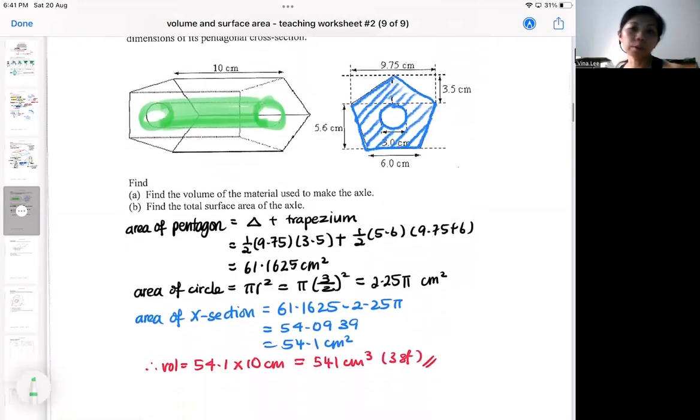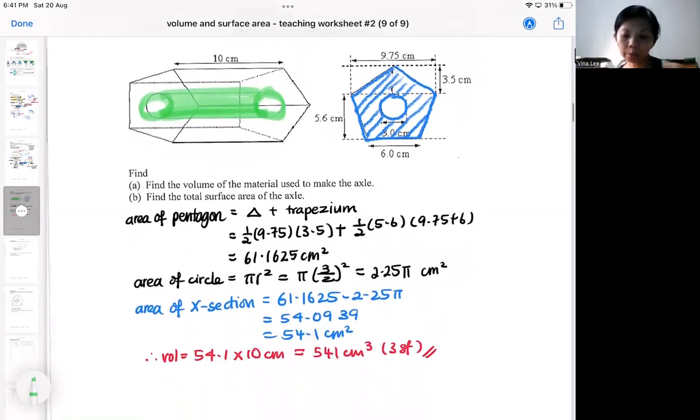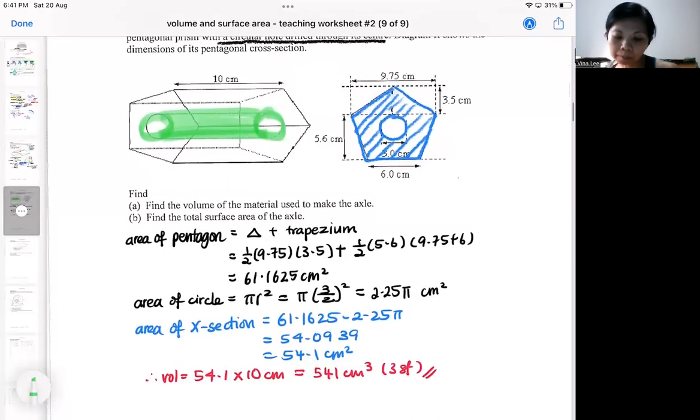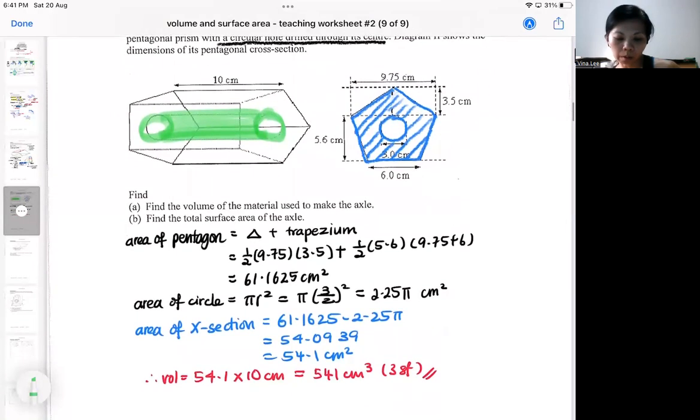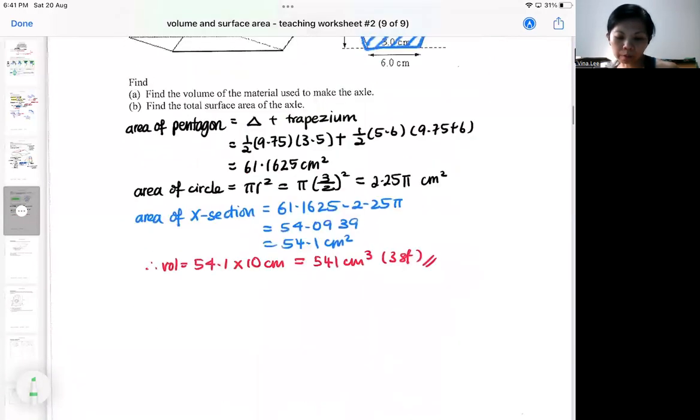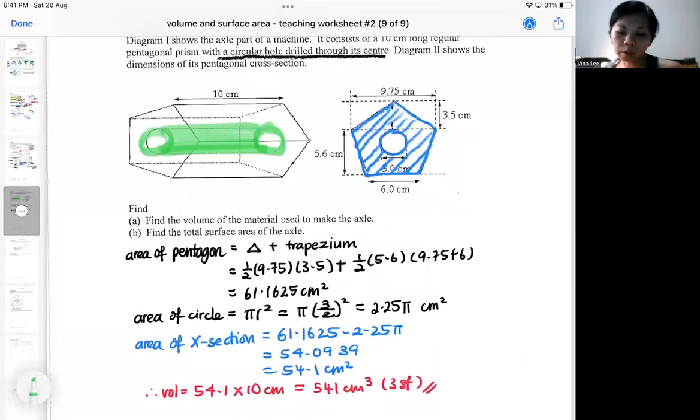So are you going to still use the same formula? Yes, I'm going to use the same formula. So if I need the total surface area, for this question, again, there are some bi-diagrams.